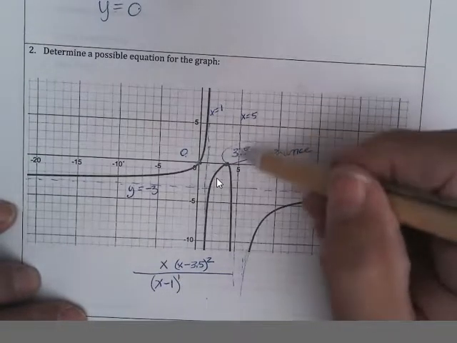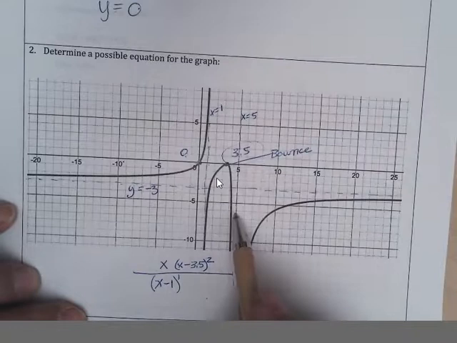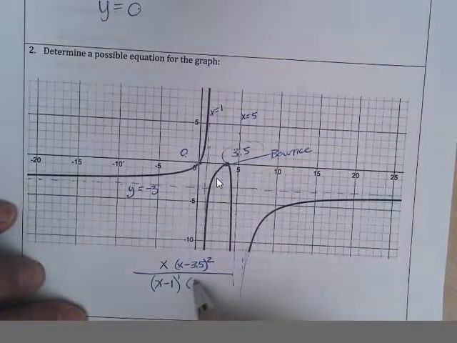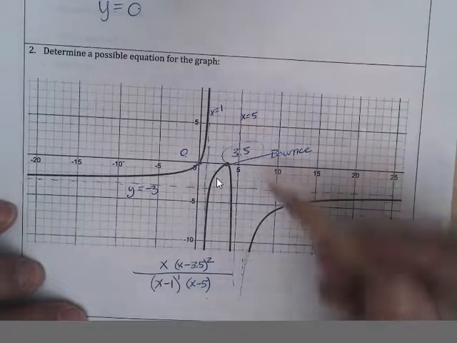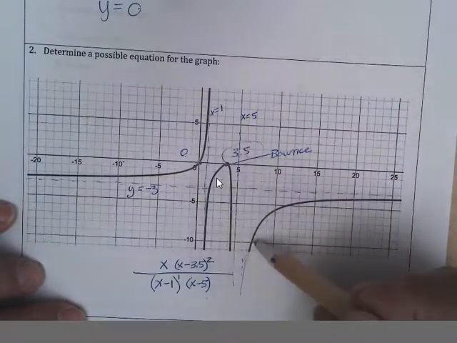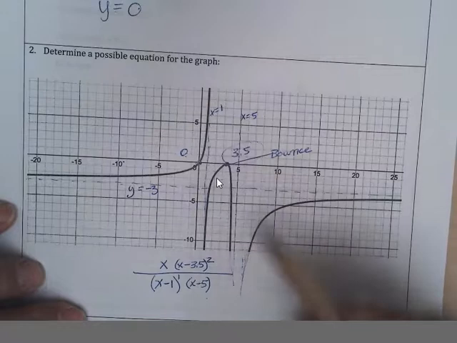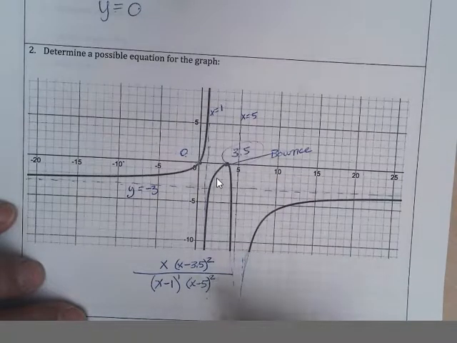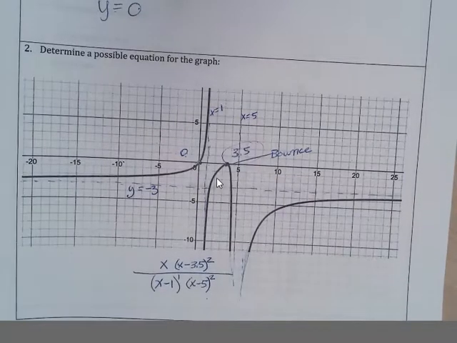And then we have another one at x equal 5, so that means x minus 5 must be in the denominator, and we notice that this goes in the same direction by that one, which tells us this has a multiplicity of 2.